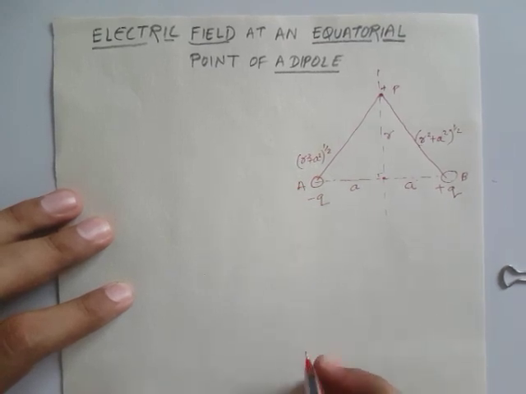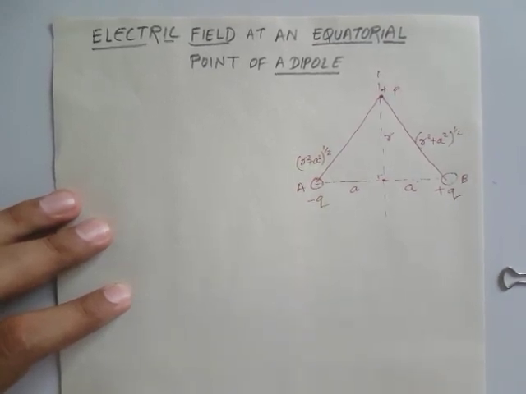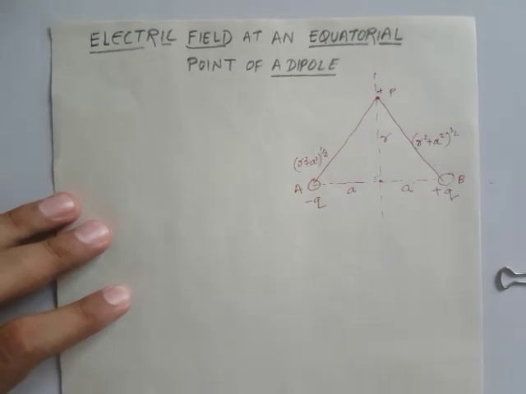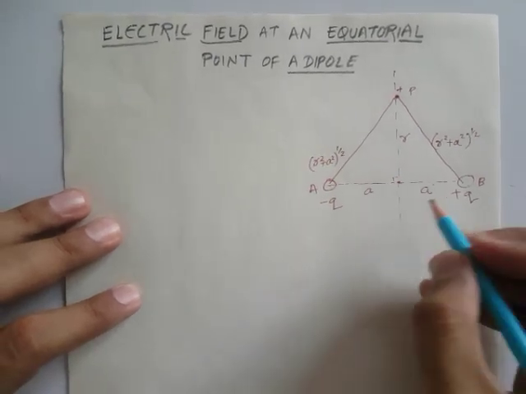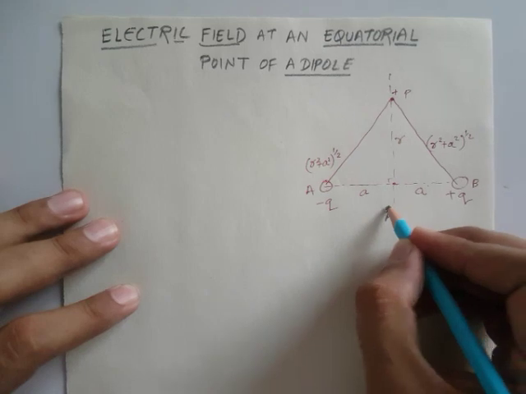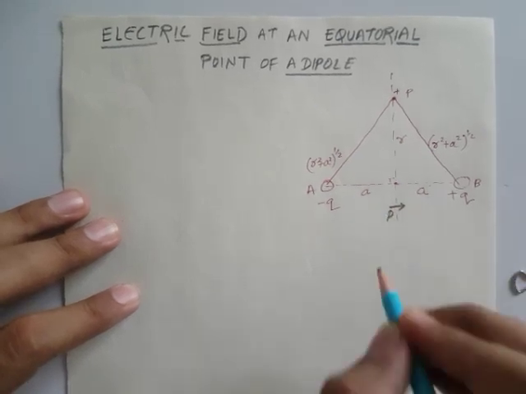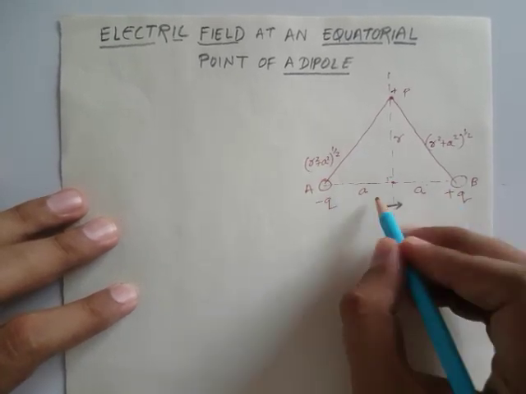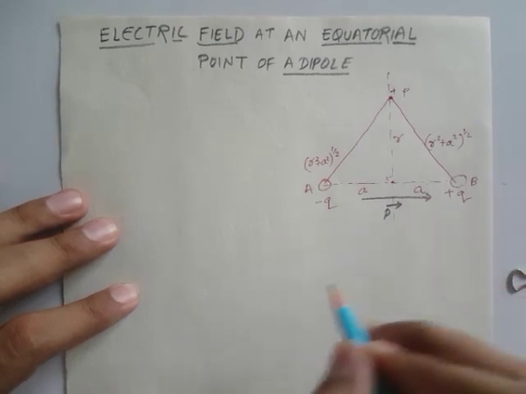Now we need to find out the direction. To find the direction of the electric field over here, we know the direction of the dipole moment is p, from negative to positive, in this direction.